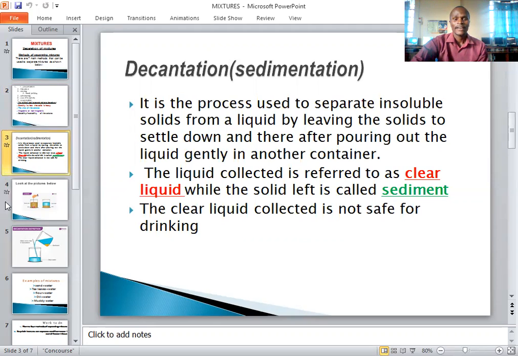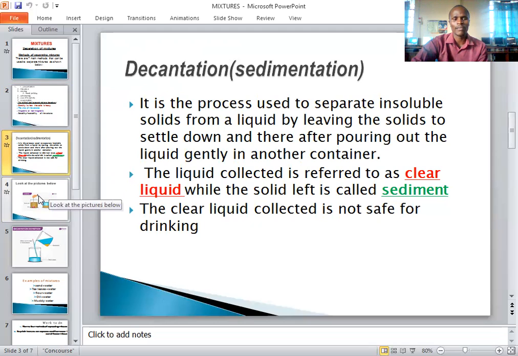But remember that these clear liquids, even if they look clear, are not safe for drinking. Therefore, if you are asked the best method of making drinking water, it is by boiling. Through decantation or sedimentation, water may not be safe for drinking.